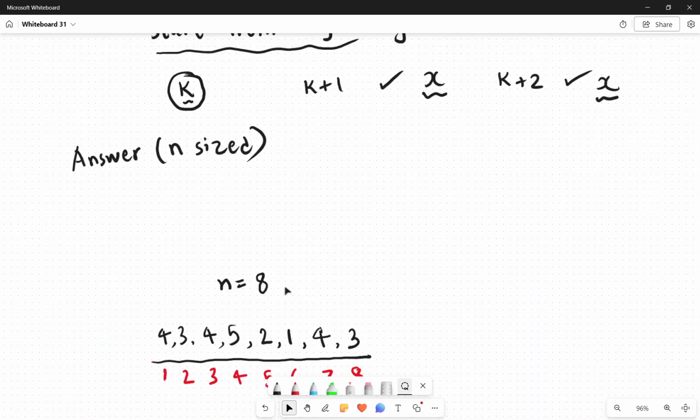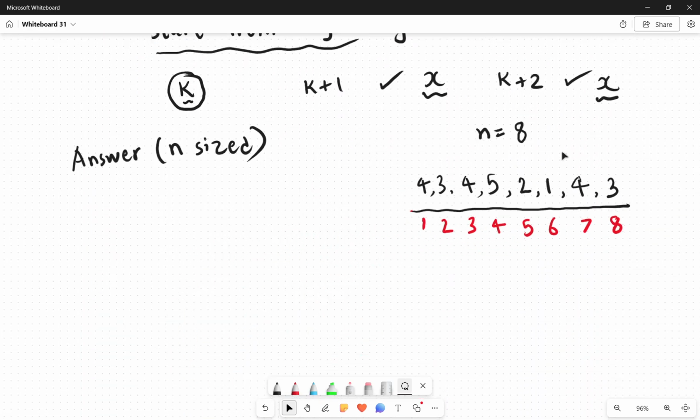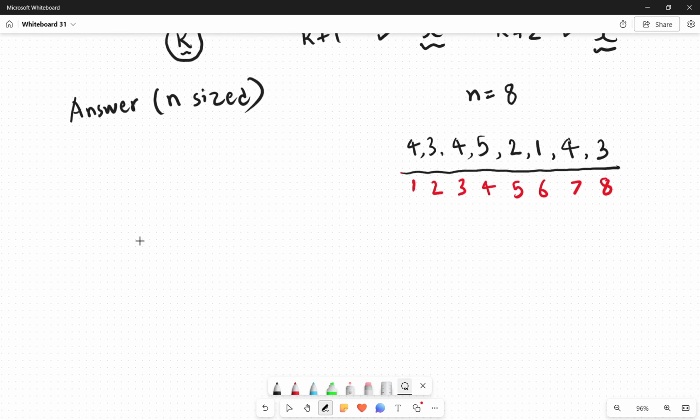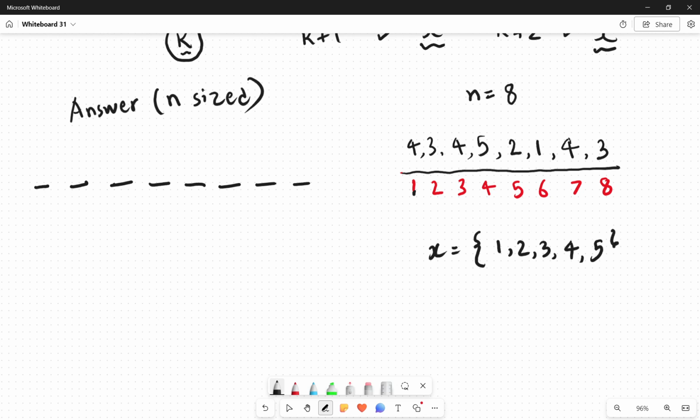Just take this further down, and yes, here we go. So the answers array will be of size 8: 1 2 3 4 5 6 7 and 8. The set of x will be 1 2 3 4 and 5. So let's start with x equal to 1.